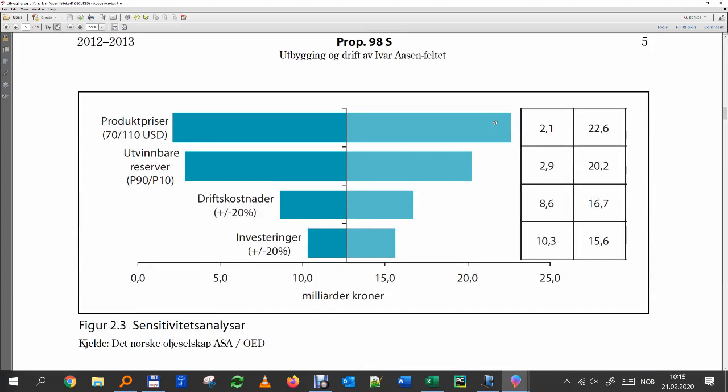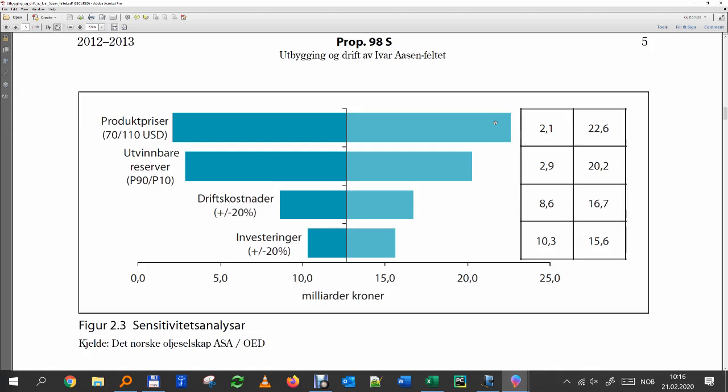And you see you have Investeringar. That means the capex. You have plus minus variation 20%, which doesn't make that much change in my NPV. We have OPEX, the operational expenditures, where you have a bigger effect.